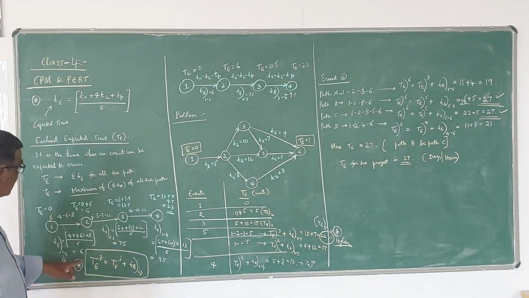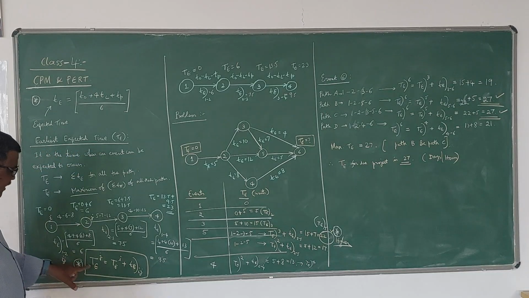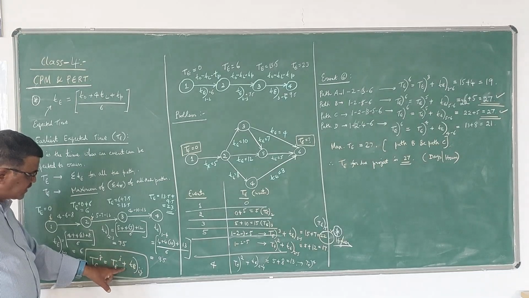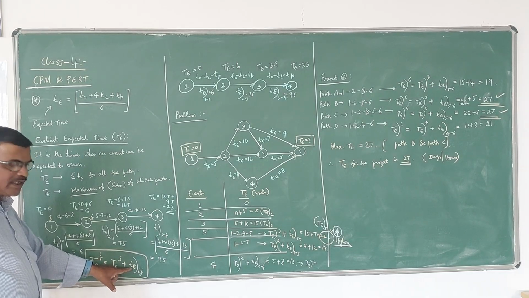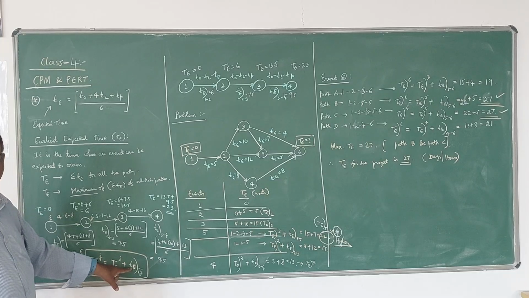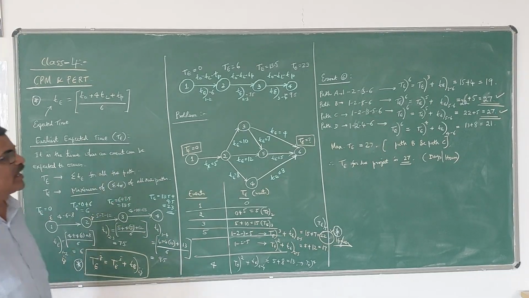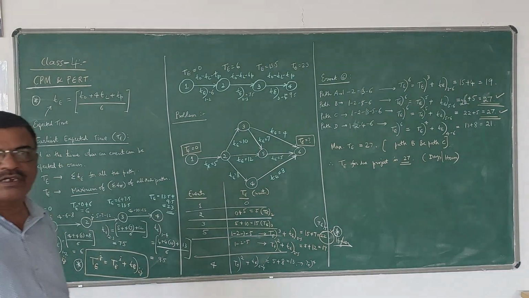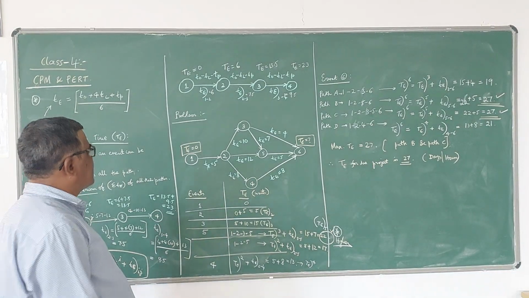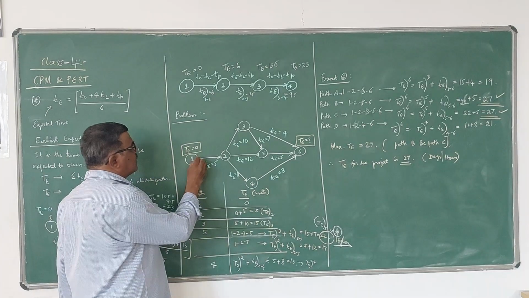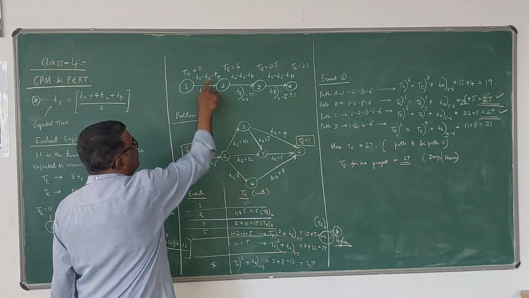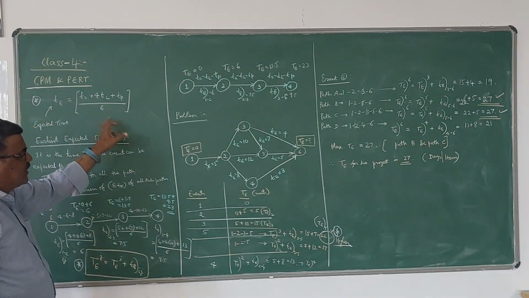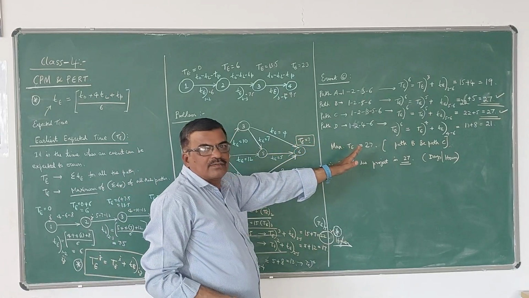If you want the earliest expected time for an event, it is equal to the earliest expected time of the previous event plus the expected time of the activity related. So this is how we can find out the earliest expected time in a given project given the network. Only thing is they should give the small t values, or they will give t0, tL and tP. If they give t0, tL and tP, t is calculated using this formula first, then the capital T is found out using this method.